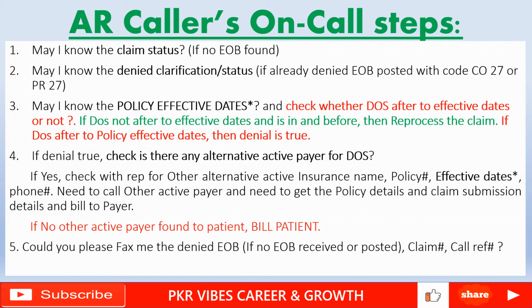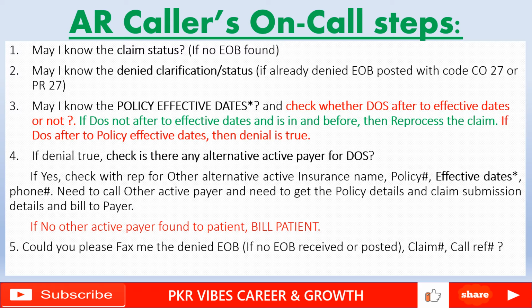At that time, that denied EOB has already been posted by the payment posting team into your doctor's billing software. So your question is, hi, I am calling from the provider's office checking on denied clarification or denied claim status, because the claim is already denied. You have a claim number, and the EOB is already posted in our software. Then your question is, may I know the denied claim status.